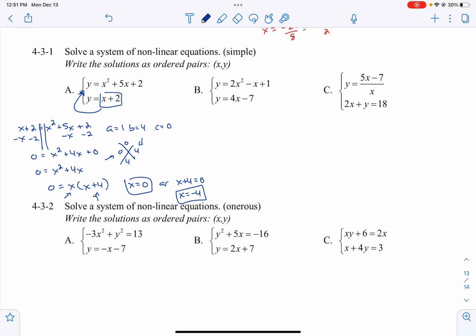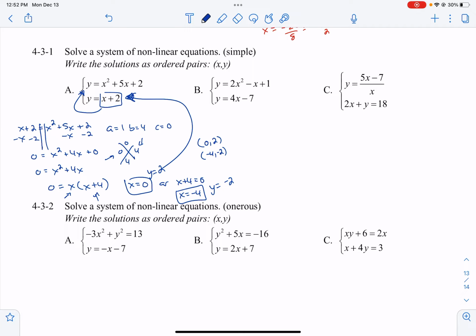But now that you know what the x's are, you can plug those in to your original y equals x plus 2. So when I plug in a 0, I get 0 plus 2, so y equals 2. When I plug in a -4, -4 plus 2 is -2. So my answer becomes (0, 2) and (-4, -2). Those become my two answers.